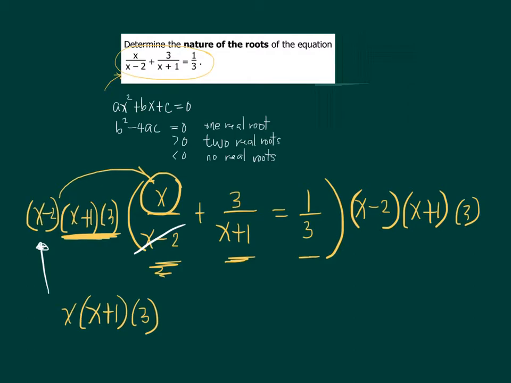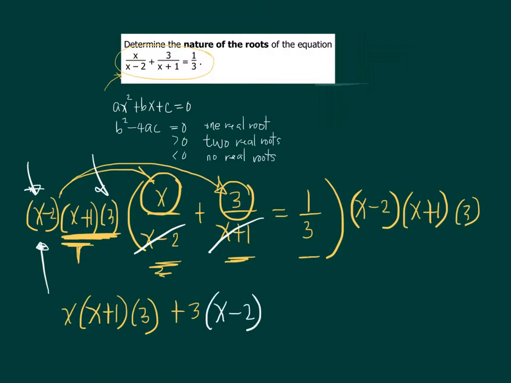And then when we multiply this time to 3 over x plus 1, the x plus 1 will be cancelled by the x plus 1 in the factor. So we now have plus 3, and then multiply to the remaining factors. The remaining factors will be x minus 2 and 3. So we have x minus 2 and then times 3.